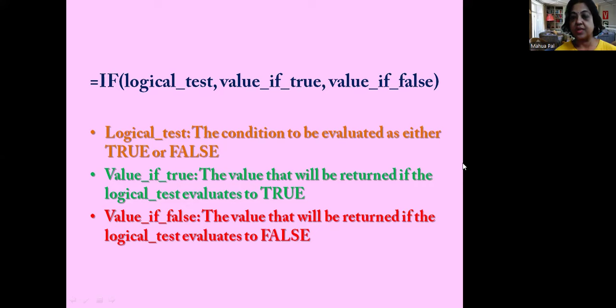So this third part will be written if the logical test evaluates to false. Then, since after IF we have started with an opening round bracket, we have to close it. Let us see some examples.